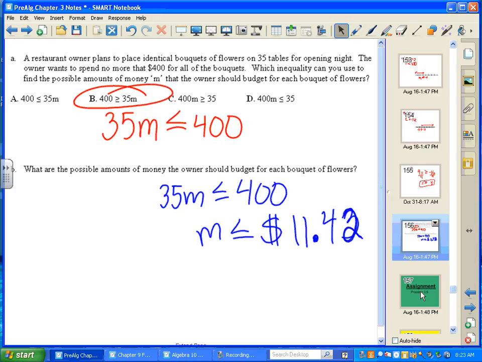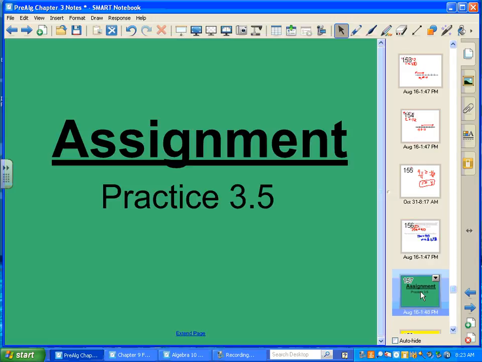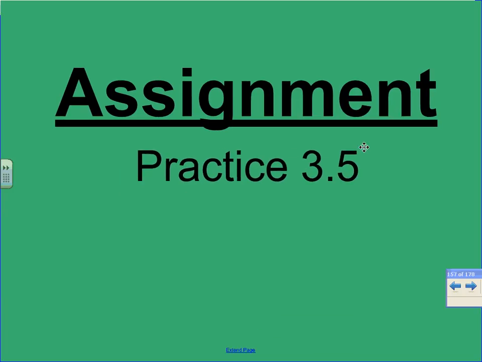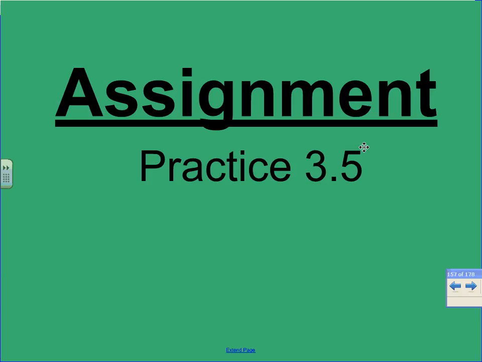So the biggest thing you take away from today is when you multiply or divide by a negative on both sides of an inequality, the inequality sign gets flipped. And you guys saw today why you have to do that. You need to keep it true. Annalise? No. Yeah, but remember the example that I had up of something like this?